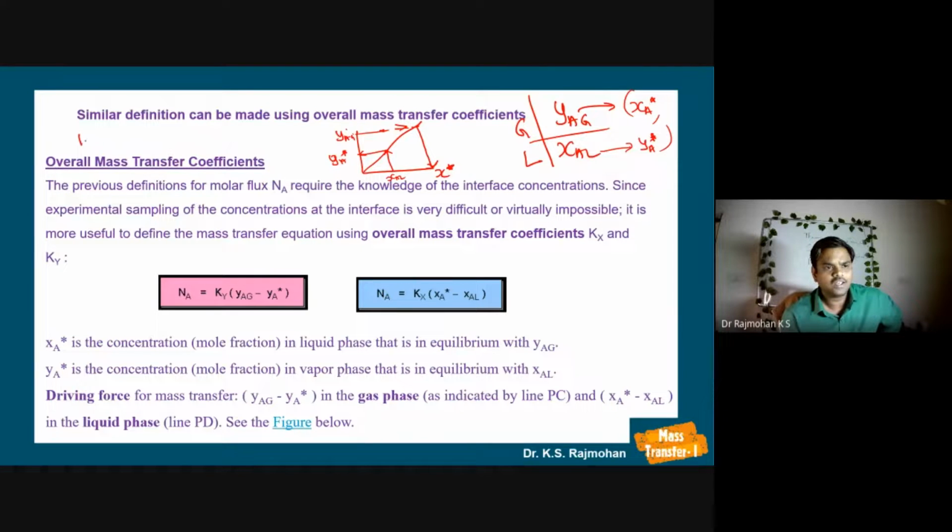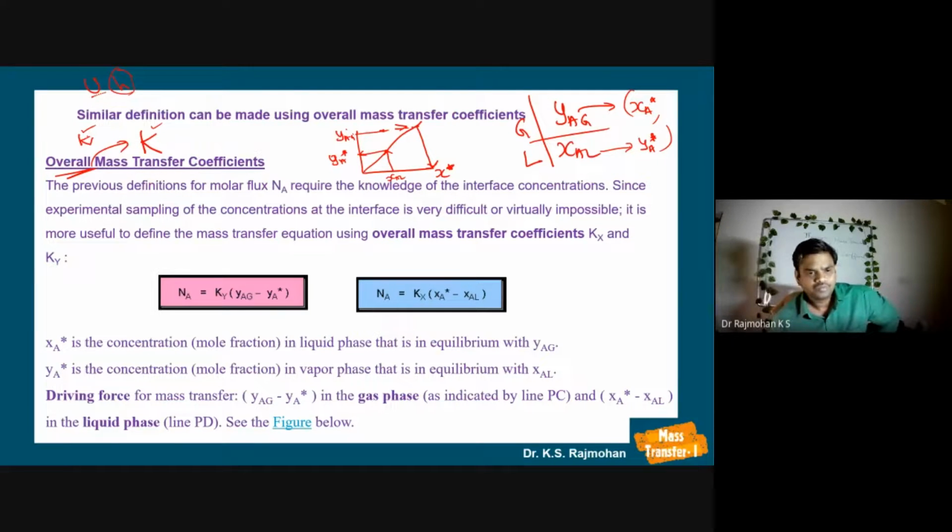As I told earlier, small k represents the individual mass transfer coefficient, and this overall mass transfer coefficient will be represented by capital K. Okay, so the difference between small k and capital K is, this is used to refer to the individual mass transfer coefficient, and this we are going to make use of for the overall mass transfer coefficient. It is similar to U and H in heat transfer. For the individual heat transfer coefficient you will use H, for the overall heat transfer coefficient you will use U, right?